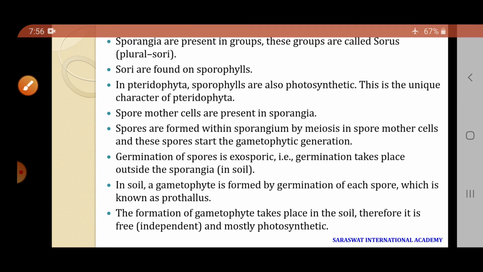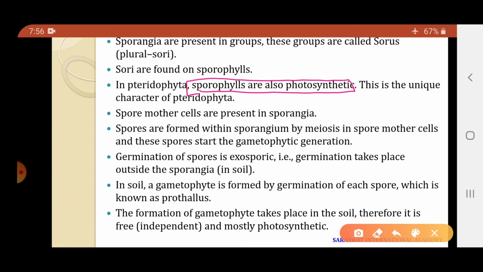But students, you have to keep in mind that in the pteridophytes जो स्पोरोफिल्स है वो भी फोटोसिंथेटिक है. यानी जो लीव्स के ऊपर स्पोरेंजिया है उसको हम बोलते हैं स्पोरोफिल्स. ये स्पोरोफिल्स भी फोटोसिंथेसिस का काम करती है.